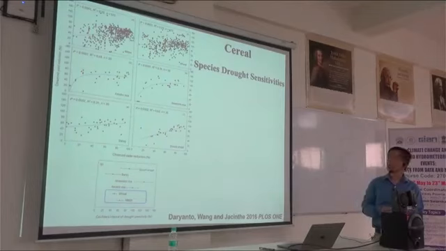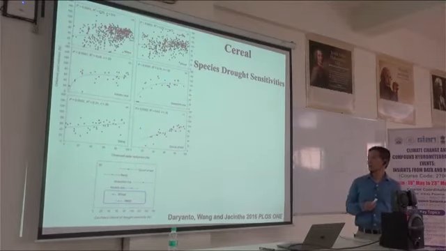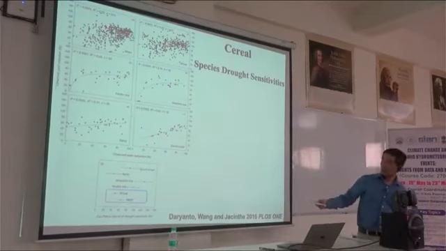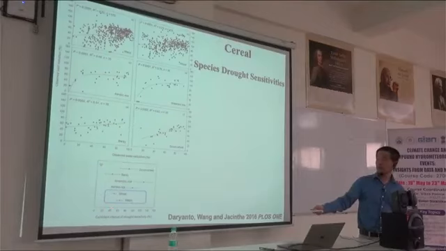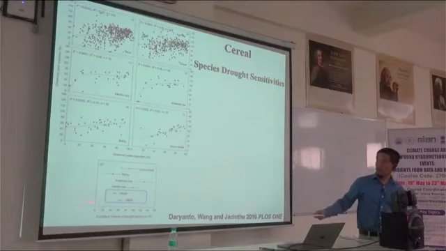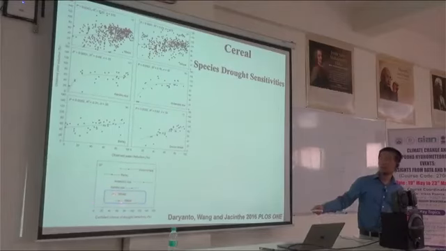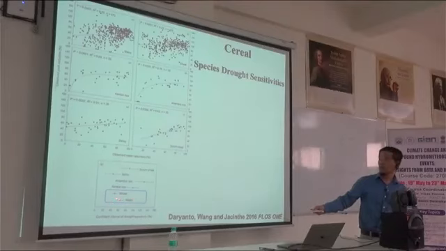That gives you how sensitive each species is in responding to drought. There are differences in drought sensitivity, but what I highlight here is the difference between wheat and maize, or corn, right? You can see here, maize is much more sensitive compared to wheat.